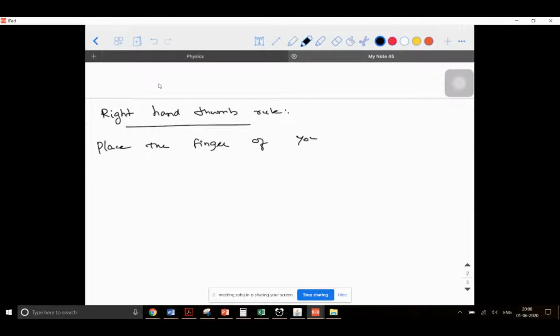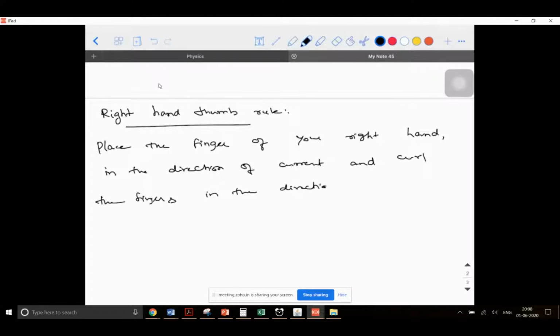Place the fingers of your right hand in the direction of current and curl the fingers in the direction of holding the conductor.